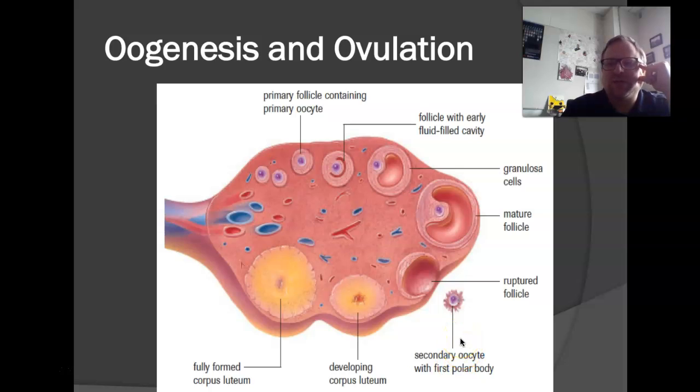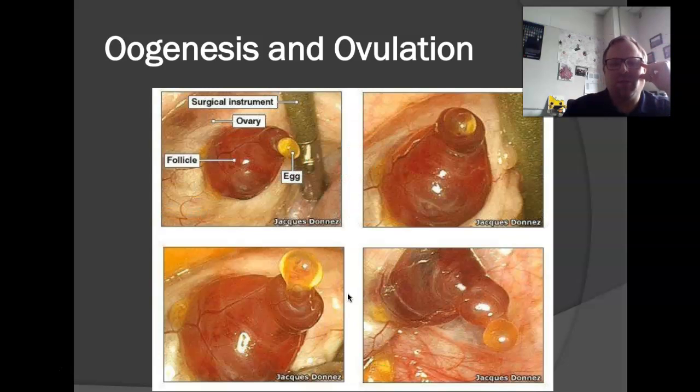If fertilization doesn't occur and implantation doesn't occur, then the corpus luteum breaks down, hormone levels change, and the menstrual cycle starts again. And we'll talk about what that actually entails in concept B3.